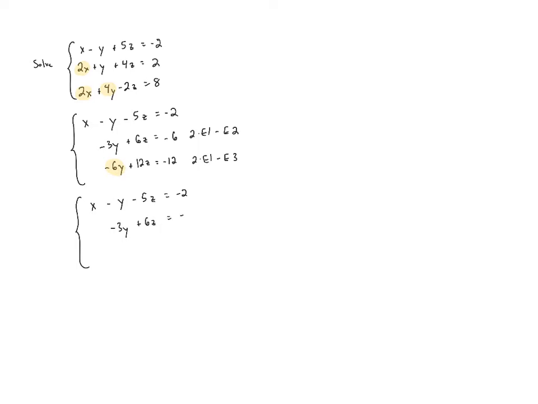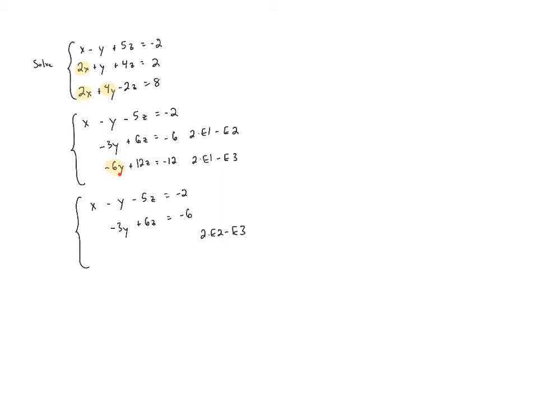So I'm just copying these now. And then to get rid of this negative 6y, what we can do is we can double the second equation. We can multiply it by 2. That would give us negative 6y here, and then we can subtract the third equation from that. So 2 times equation 2 minus equation 3.